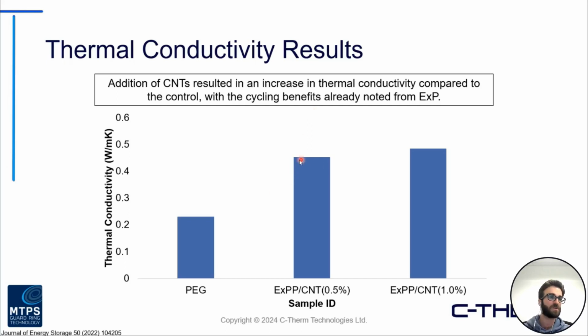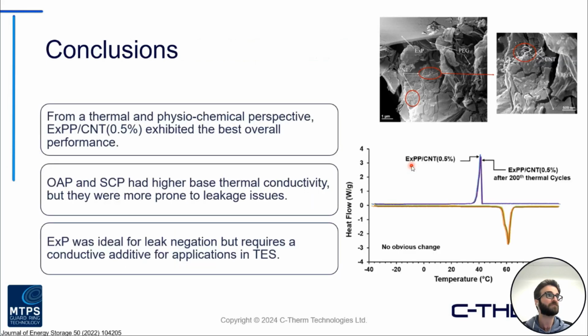Although the thermal conductivity values at 0.5 and 1% are still a little lower than the oil ash, which was much higher, it did achieve a net improvement compared to the base and address the cycling issue. So they were able to overcome those two challenges.